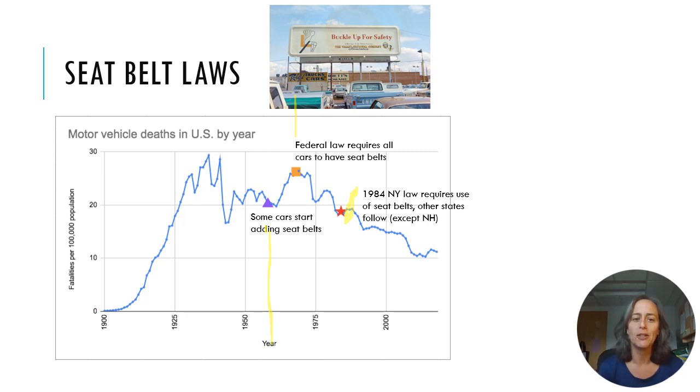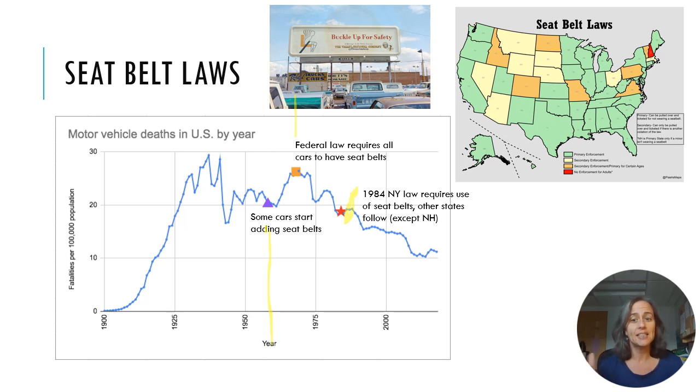That's just human nature. And so what we see is, as state after state after state, in fact, every state except for New Hampshire passes a seatbelt law, we see significant declines in fatalities.